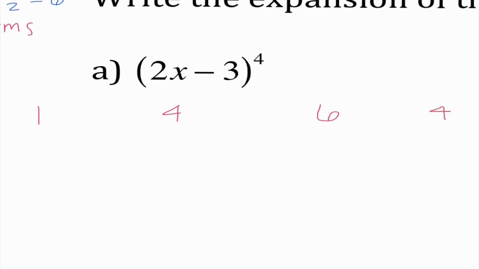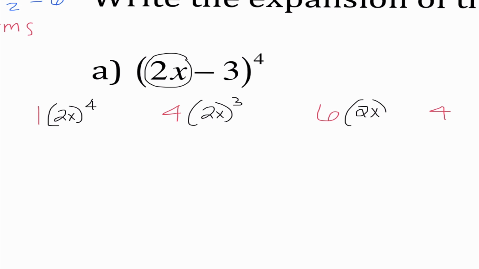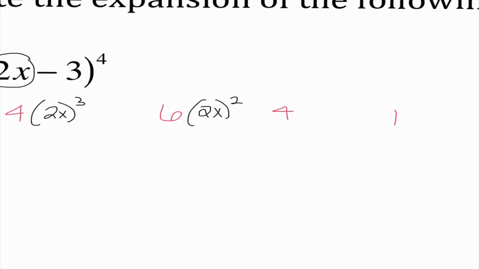Okay, so now we're going to follow the same exact thing we did last time, except this time, my first term is 2x, and our n value is 4. So I'm doing the quantity 2x to the 4th power, the quantity 2x cubed, the quantity 2x squared, the quantity 2x to the 1st, and the quantity 2x to the 0 power.